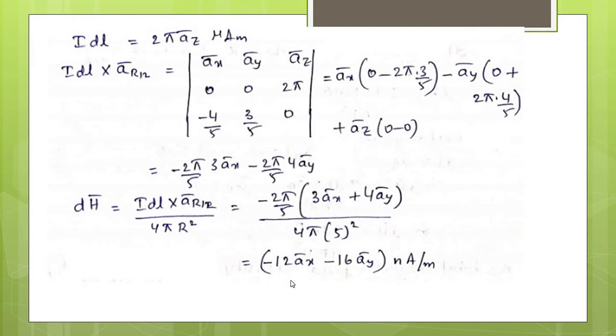Simplifying, we get minus 12 aX minus 16 aY nano amperes per meter. So this is the expression for the differential magnetic field intensity using the Biot-Savart law. That's it. Thank you.